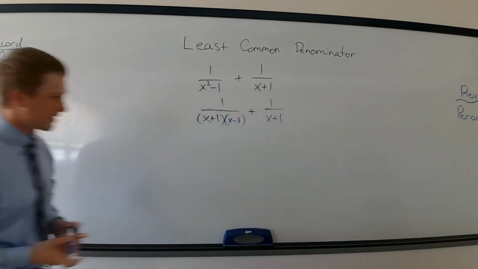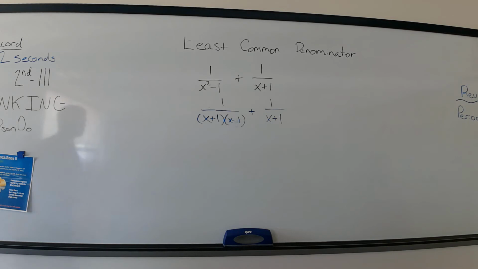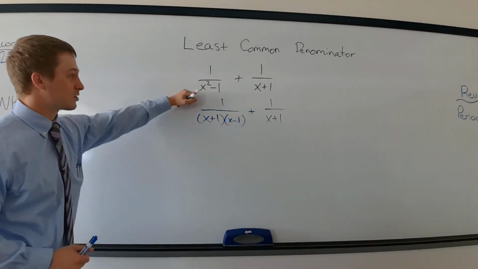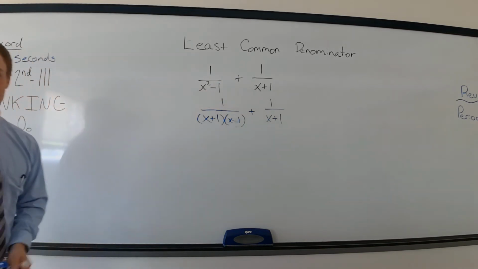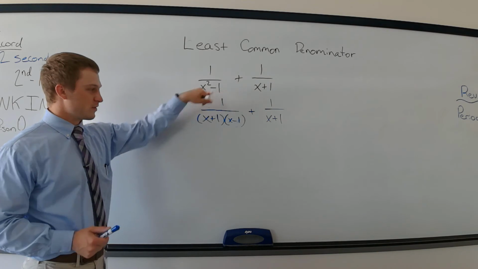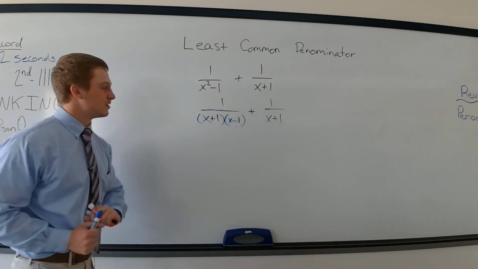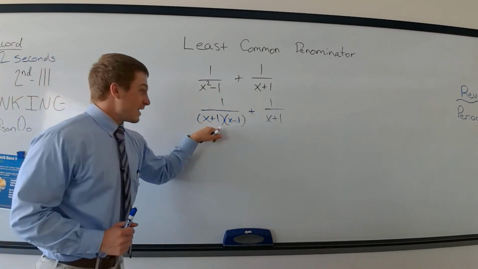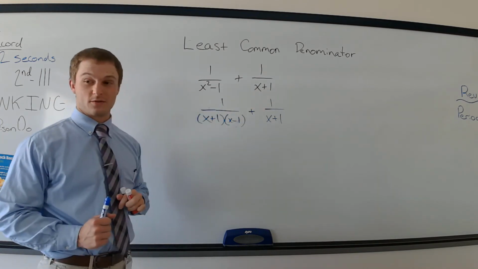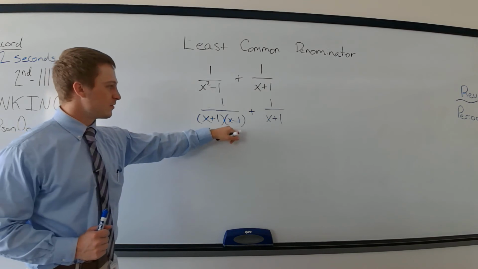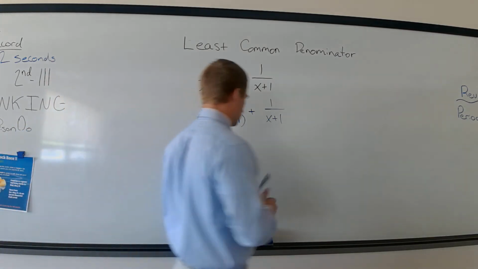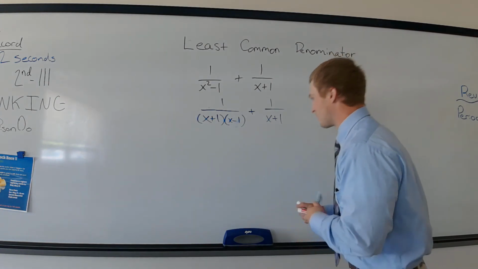So if I rewrite it like that, because I factored this difference of squares, so x squared and 1 is also a square, and there's a minus sign in the middle, so I know that my factors are the square root of each of those separated by a plus and then a minus. I can see that x plus 1 is already a factor over here, and I already have that over there. So if I want to get this to be a common denominator, I just have to multiply by x minus 1. This is our second method.